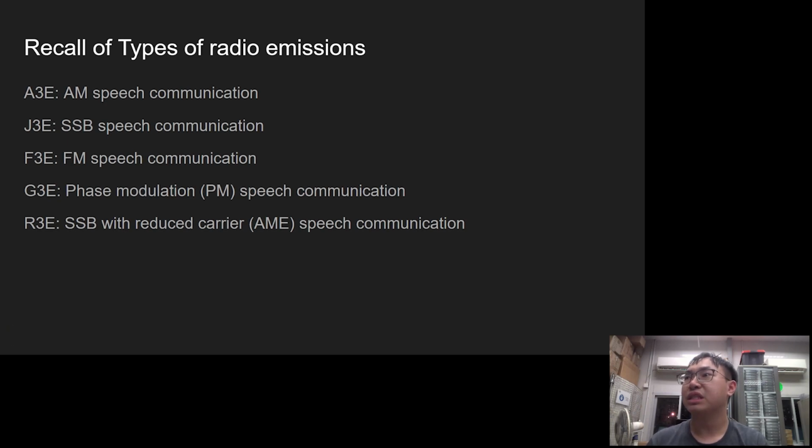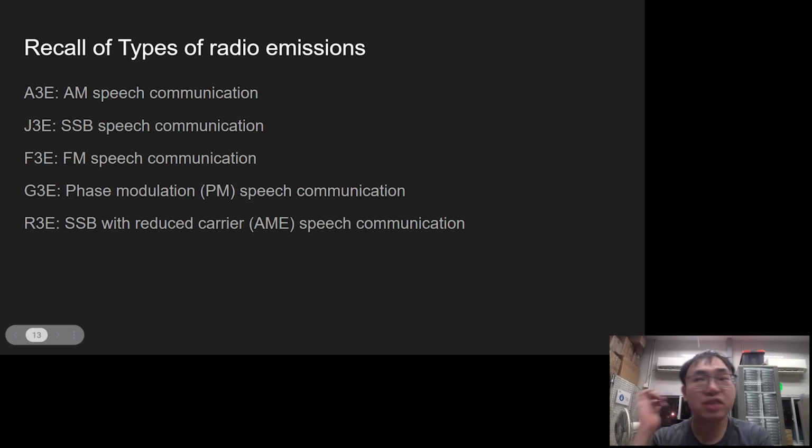FM, F means FM. I will put G here because it appears in your syllabus. G means phase modulation, PM, but we didn't cover it in our notes previously. So if they really ask you and you can remember it, then that's good. So R3E.